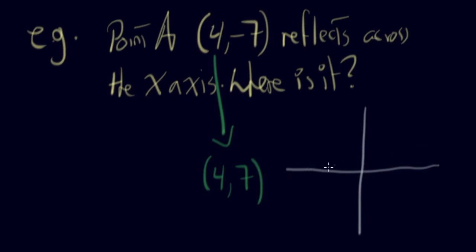So we had (4, -7), somewhere around here. It's reflecting across the x-axis, this one right there, so it's going to flip up. It'd still be at 4, but now it would be at (4, 7), like that.